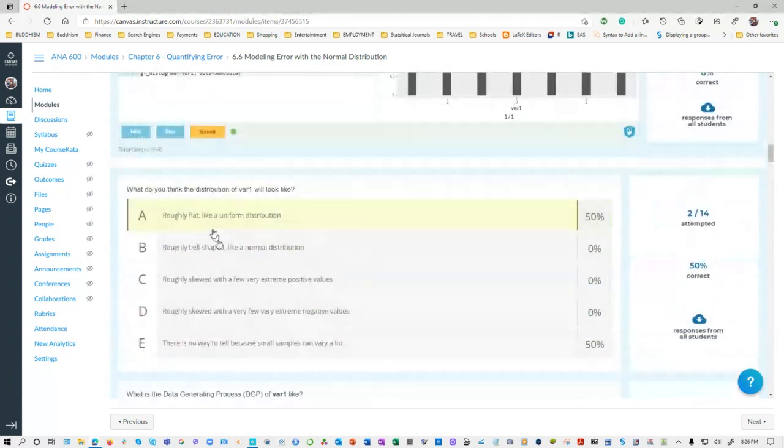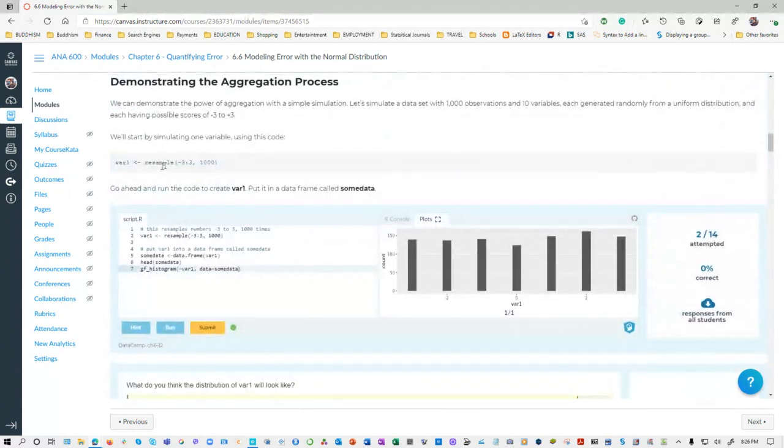So you're going to resample. Resample means, can you remember, with replacement. You replace and put it back, so you're not going to run short of any number.